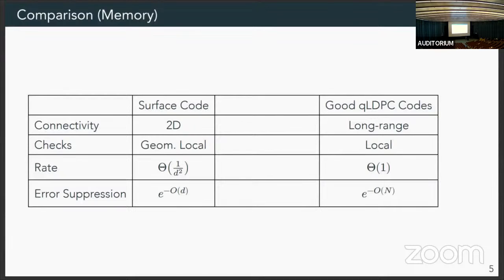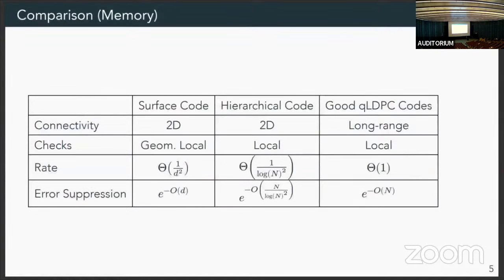On the other hand, we have our good QLDPC code, and naively, you need long-range gates because the checks are not geometrically local, they're only local, but we have exponential error suppression, and we also have constant rate. So our result kind of fits right in the middle here. We get nearly the best of both worlds.